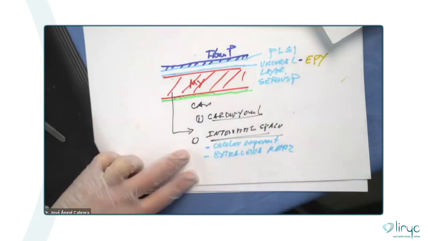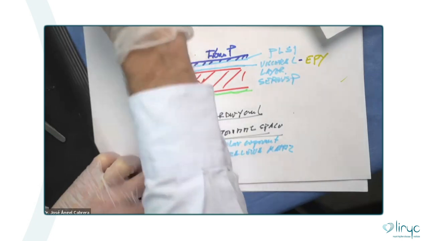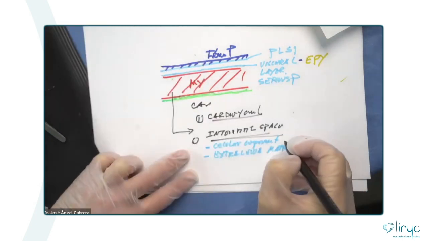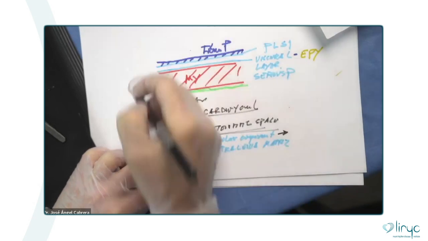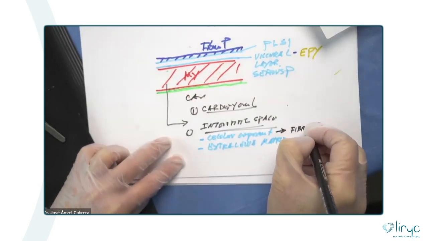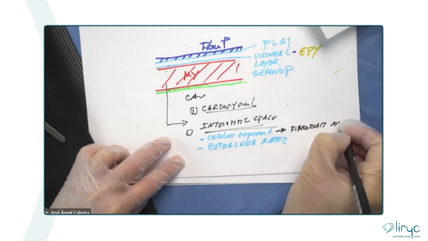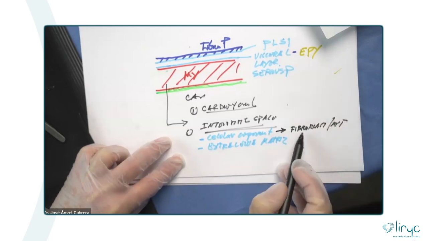Cardiomyocyte, interstitial space with the cellular component. And what are the cellular components? This is crucial because in terms of number, the cellular components are the most important number in our heart. The names are the fibroblast and the myofibroblast.